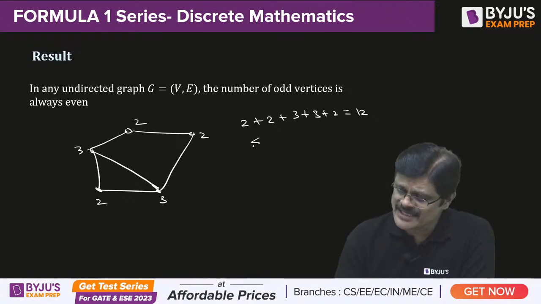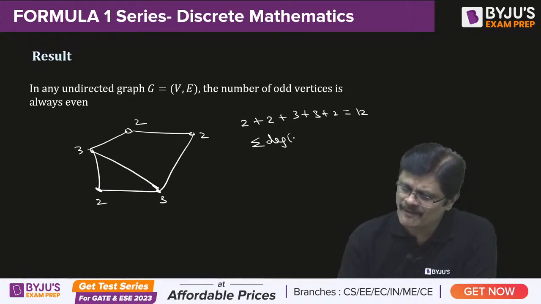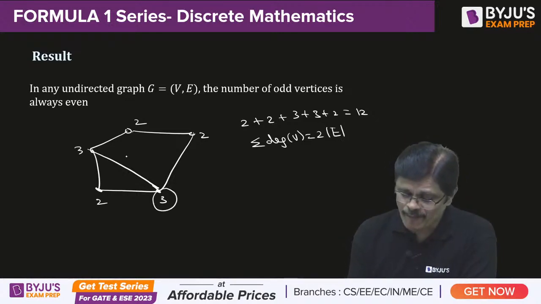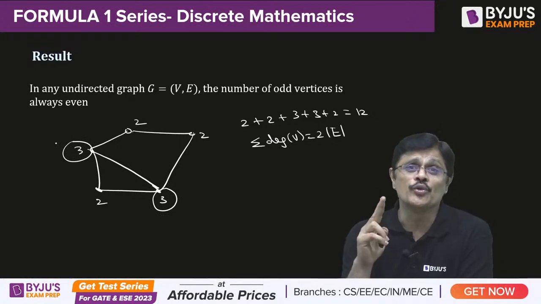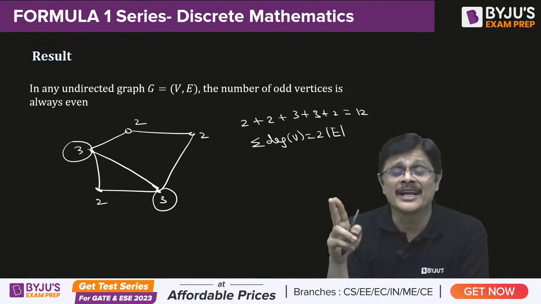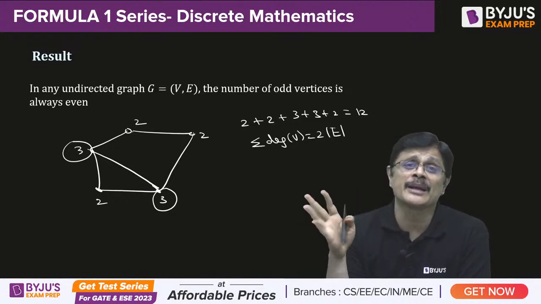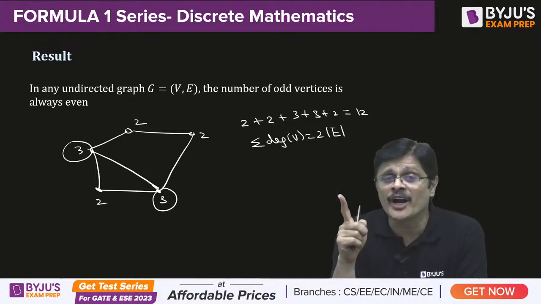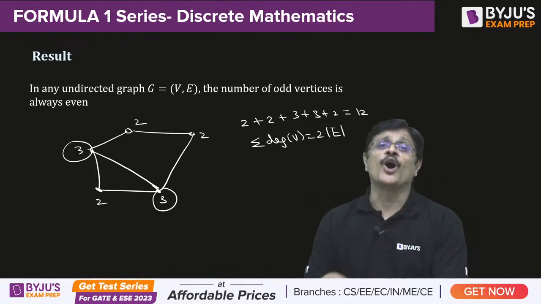The sum of degrees of vertices will be twice the number of edges. That is satisfied. And you can see the number of odd degree vertices is 2. See, the number of odd degree vertices will always be even. It can be 2, it can be 4, it can be 6, it can be 8, an even number. It can be 0 also. The number of odd degree vertices can never be odd, my dear friends.